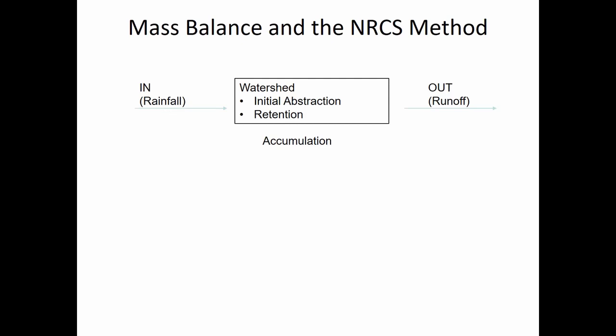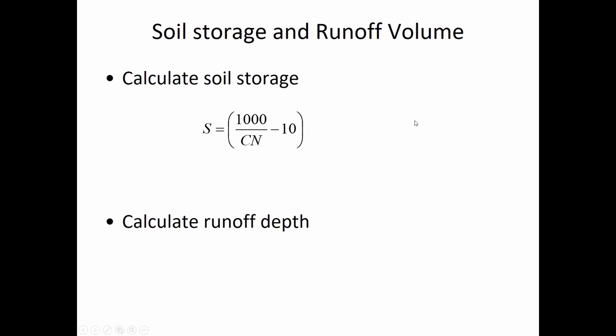If the tank is filling, then out is going to be lower than in. If the tank is draining, out can be greater than in. And what's inside of that tank? The tank is our watershed. That's the control volume. How much storage it has is the initial abstraction and the retention. These two terms are the accumulation that makes for the difference between the rainfall and the rainfall excess, which is runoff.